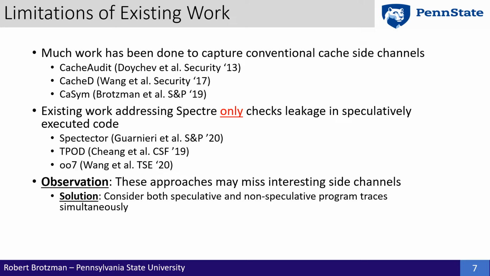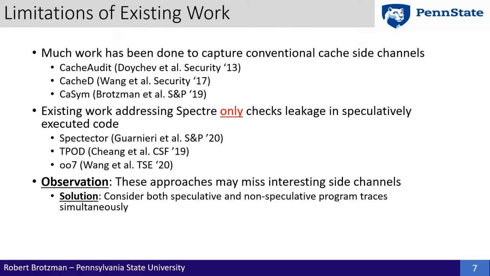More recently, with the advent of Spectre, there's been a lot of work done to identify these leaks in programs. These works such as SpecTector, Teapot, and 007, however, pretty much exclusively focus on code that is speculatively executed while not considering leakage that occurs during non-speculative execution.